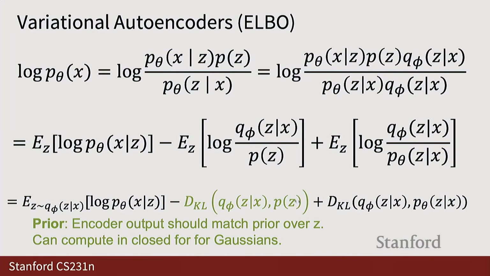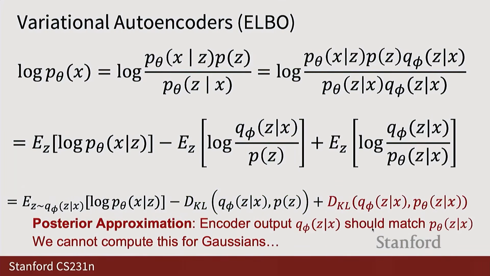And this other term, p of z, is the prior that we assumed for the latent space, usually diagonal Gaussian. So this term is basically saying, the model is predicting distributions of z given x, and we want those predicted distributions to match the simple Gaussian prior that we had previously chosen. So this is just measuring how much the latent space that's learned by our model matches the prior.